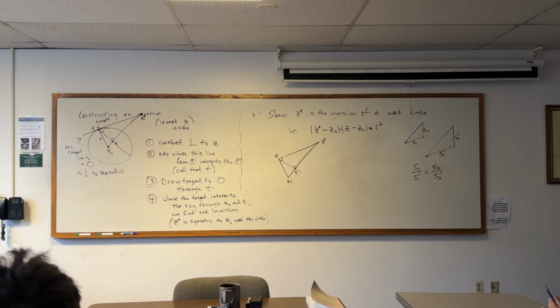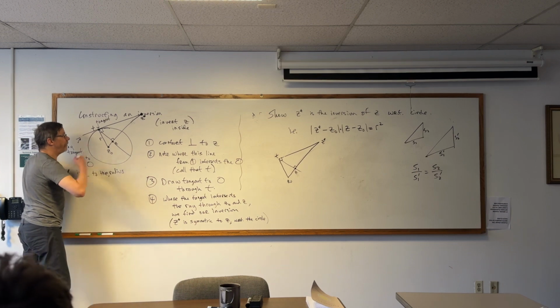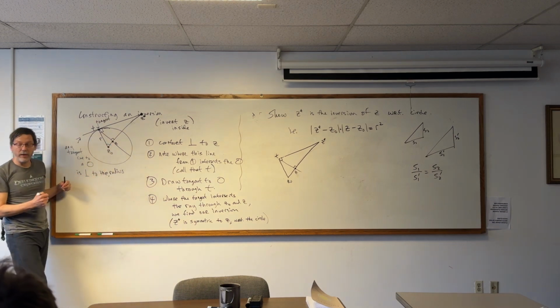Wait, hold on. Look at how the triangles are shaped. They actually share an angle, that Z right there. They both have that central angle in common, it shows up in a different place for each one. Both of those triangles share it.